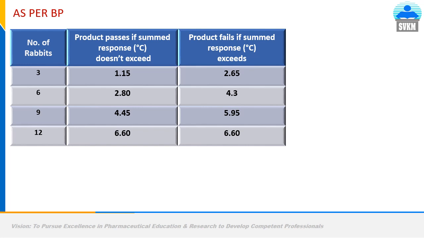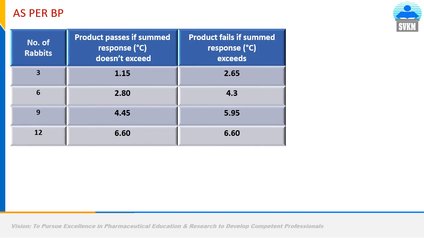Out of these 9 rabbits, if the summed response is less than 4.5 degrees Celsius, then the samples are non-pyrogenic. But if we get a response beyond 5.95 degrees Celsius, then the samples are pyrogenic and the test fails. But if we again get values between these two, then we repeat the test for another 3 rabbits. So there are a total of 12 rabbits now.